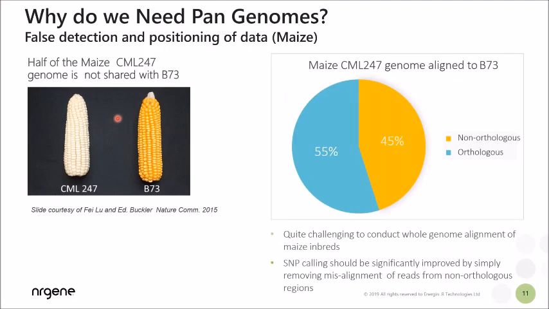Another example, showing the second type of errors, is looking at Maize data. This is actually a Maize assembly that we've done a few years back.